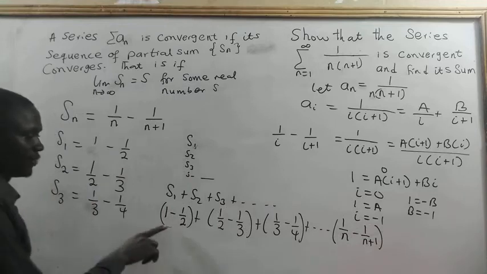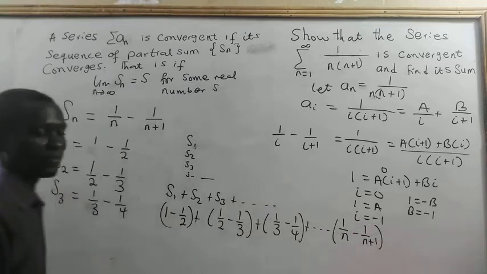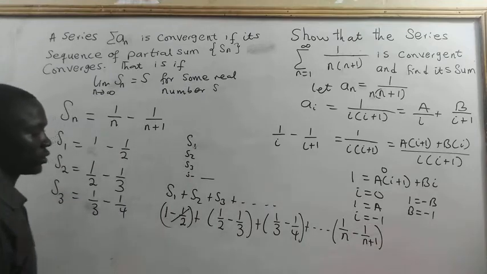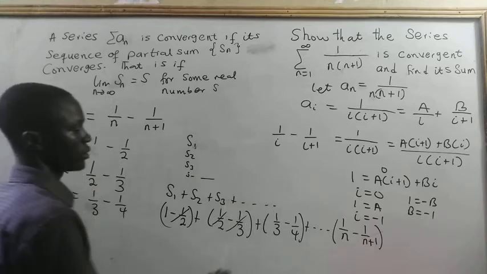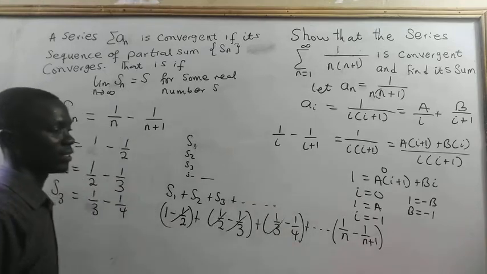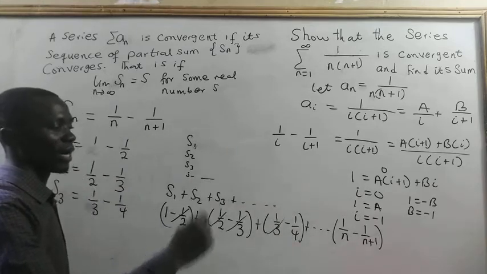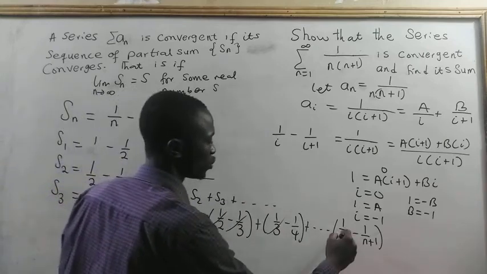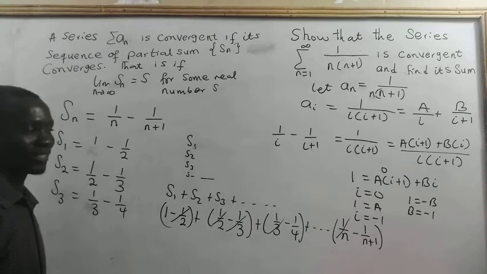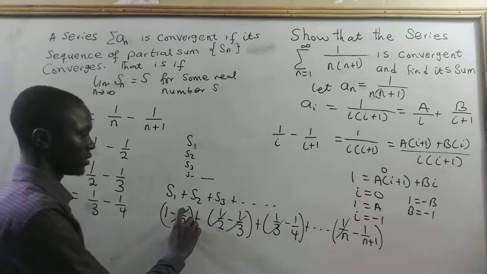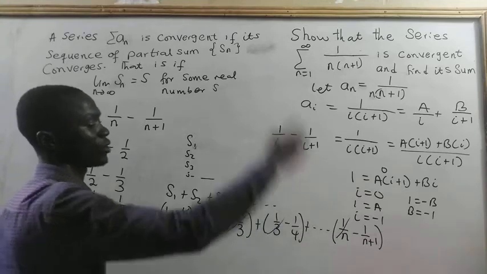So we see that if we are to add this, negative 1 on 2 will cancel positive 1 on 2. Negative 1 on 3 will cancel positive 1 on 3. It will go and go, and negative 1 on n will cancel positive 1 on n. You see that the terms will cancel out.